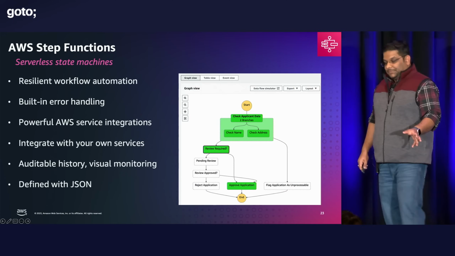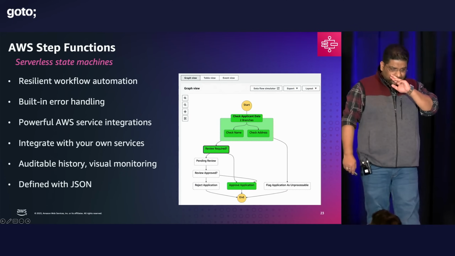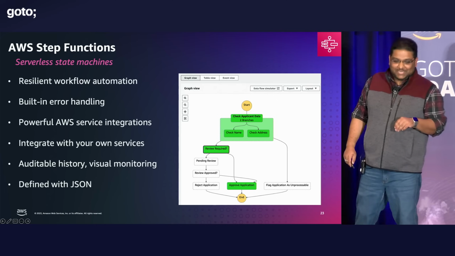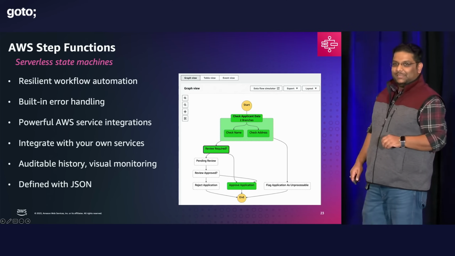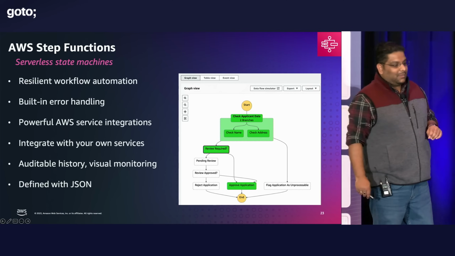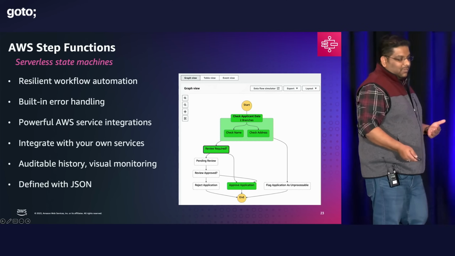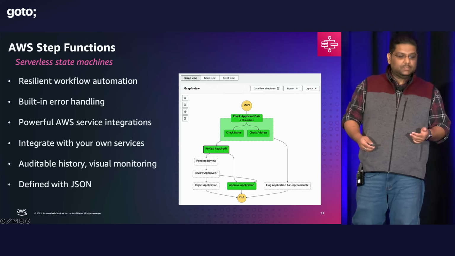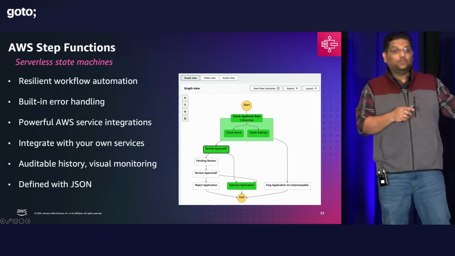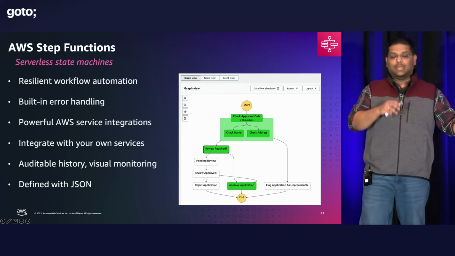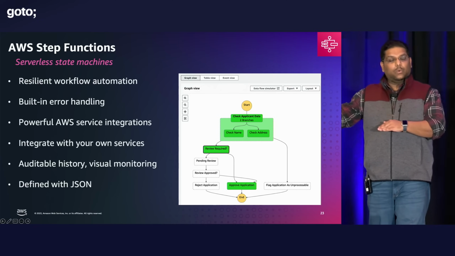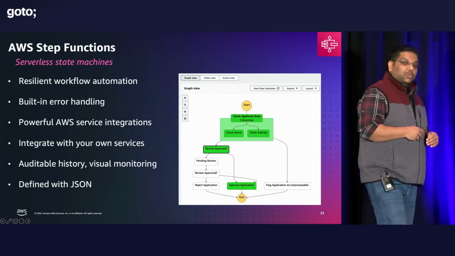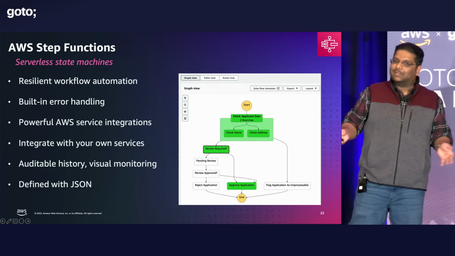Last but not the least, this is Uma's favorite service. Serverless state machines can be built with AWS Step Functions. As we learned from different sessions today, you can build resilient workflow automation. And if you have attended Uma's previous sessions, he and Adam talked about how you can do error handling with Step Functions, and how you can integrate with other services without writing Lambda functions.